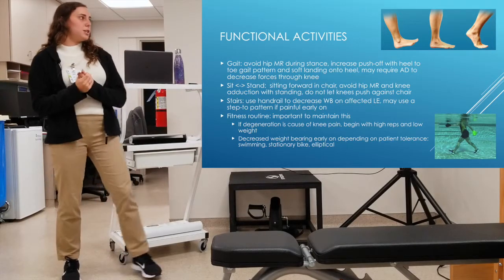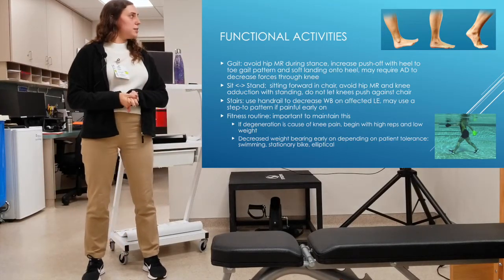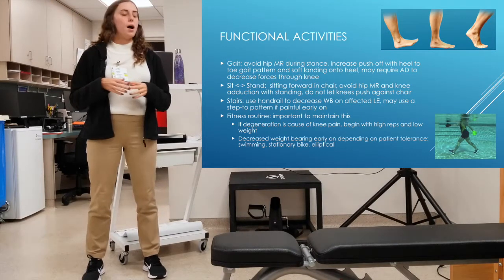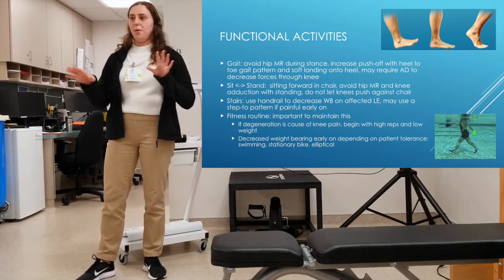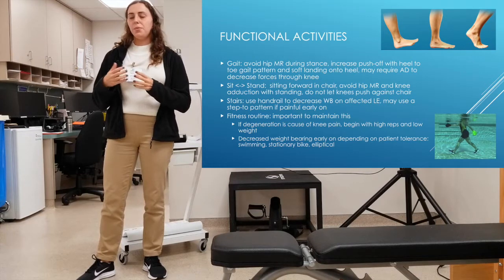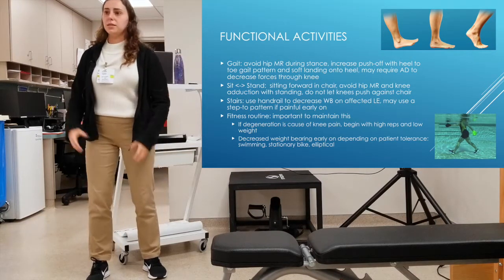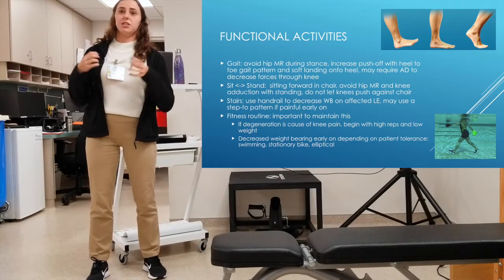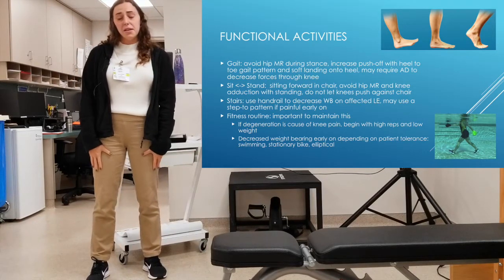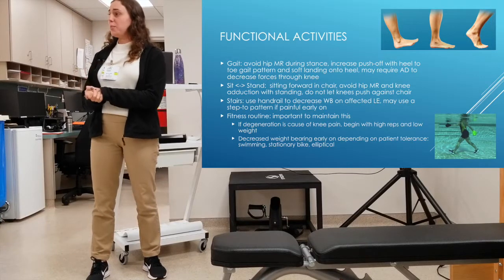And then for a patient, especially the degenerative patients, we want to start doing some fitness things, high rep, low weight, because what we were told in school is if you start doing too much weight, the patient's muscles could actually tighten too much and just cause more compressive forces on the knee and in turn cause more pain for them.